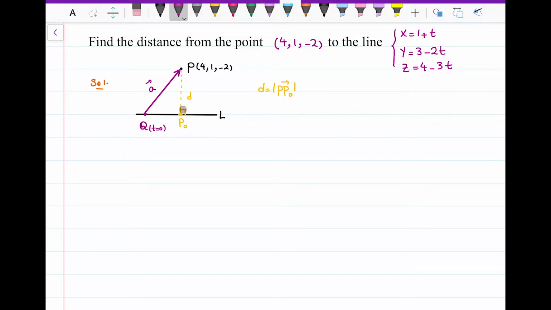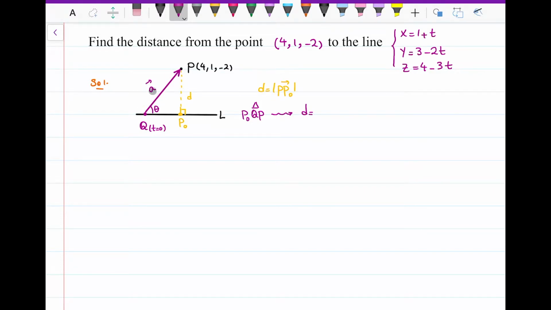Now, look at this right triangle in here. So, I have a right triangle, and the triangle is P0, Q, and P. If I look at this right triangle, and I call this angle theta, D would be the hypotenuse times sine theta, right? So D is equal to the hypotenuse here.